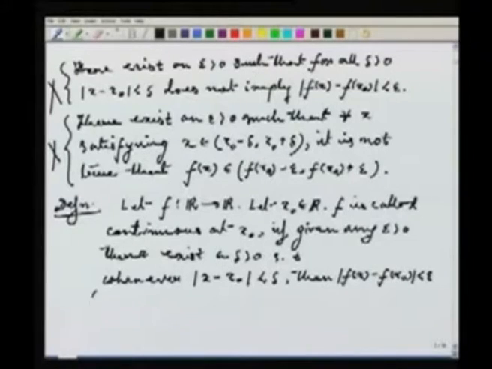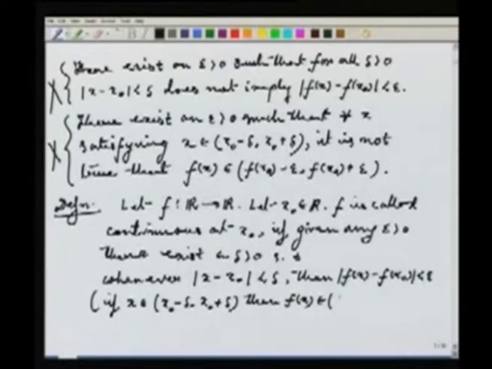In other words, if x is in the interval x0 minus delta and x0 plus delta, then f(x) belongs to f(x0) minus epsilon and f(x0) plus epsilon.